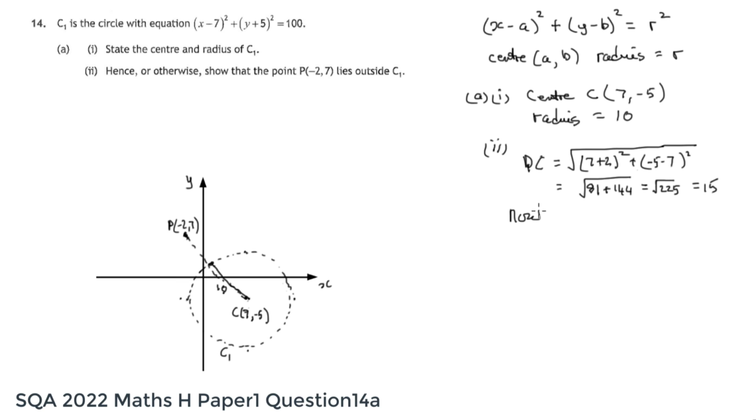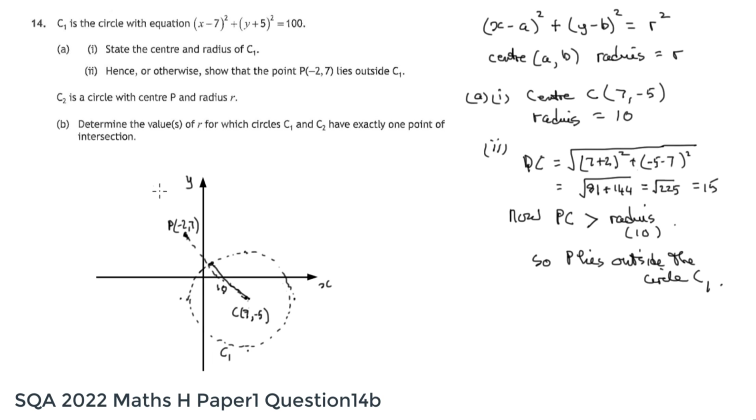So we can say that PC is greater than the radius, which we know is 10. So P lies outside the circle. So that's that.